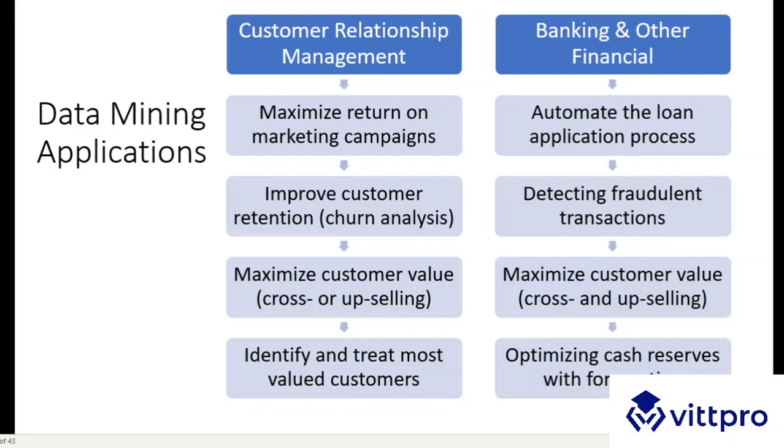They can predict how much cash they will get in savings and how many withdrawals they will see. That way they can optimize the cash balances in their bank, and understand how much loan value they should be able to prepare.